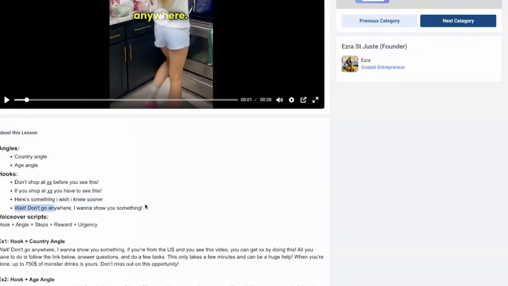Wait, don't go anywhere. I want to show you something. And you can have the text on the screen. You also want to have vocals or voice actors or a readout of it, which you can use AI for. So the key things in the script: you want to have the hook, a good angle, show people the steps, reward, and urgency, which has the call to action connected with it.